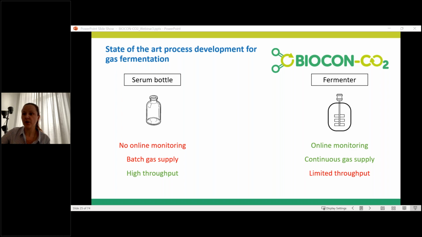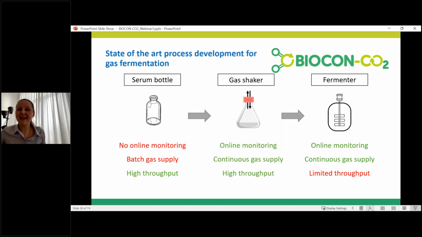Going into the fermenter, we do have online monitoring and we do have a continuous gas supply, but there we are highly limited in the throughput. And therefore, for early state-of-the-art process development, we were asking ourselves if there is something to fill the gap. Next slide, please.